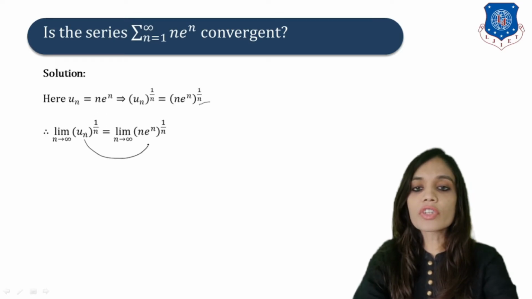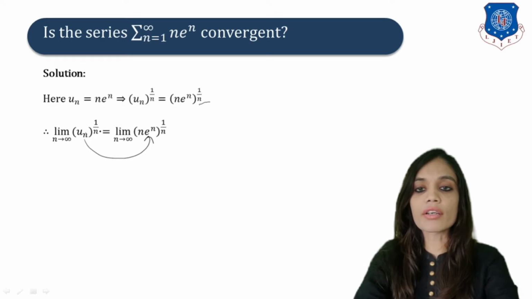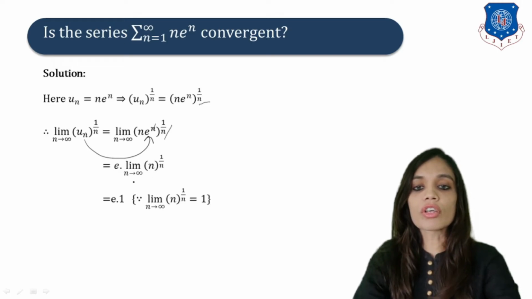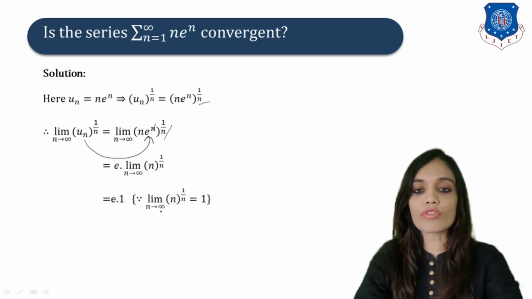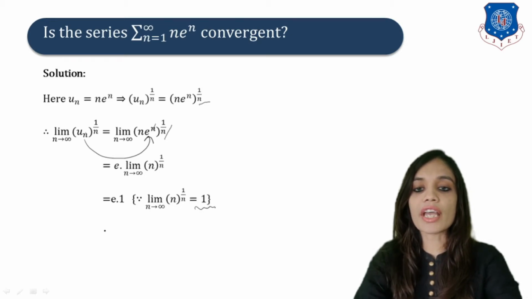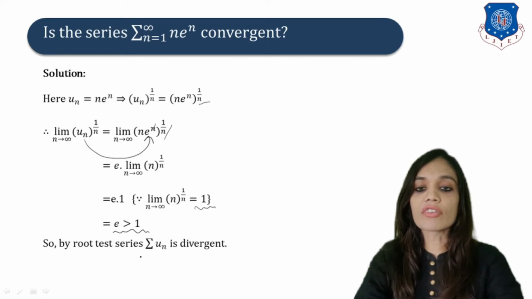Now here you can see n and n get cancelled out. So what is remaining? E times limit n tends to infinity n raised to 1 upon n. Now we know the value of limit n tends to infinity n raised to 1 upon n. It will be equal to 1. So we will get the answer as e, that is greater than 1.